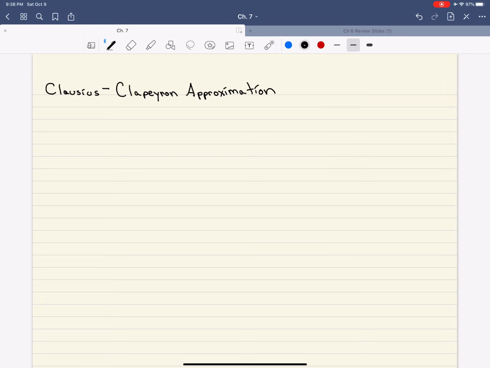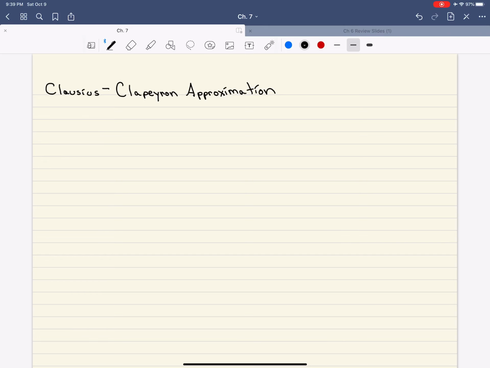So we just saw how the Clapeyron equation gives us insight into how the phase boundaries between different phases are affected by pressure and temperature.